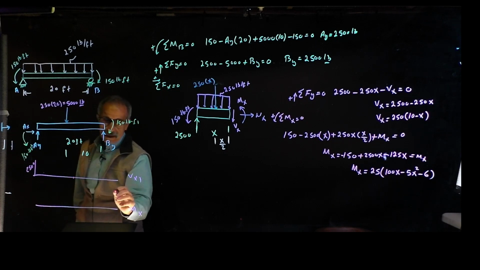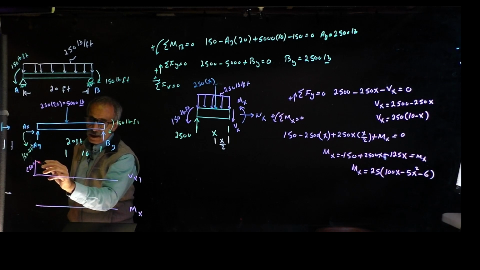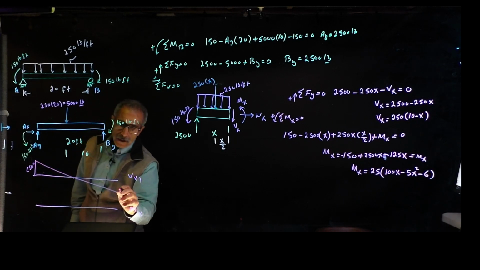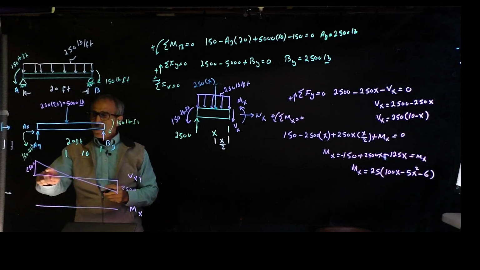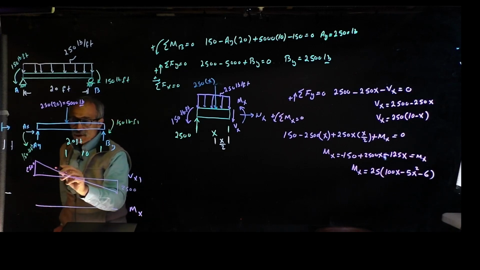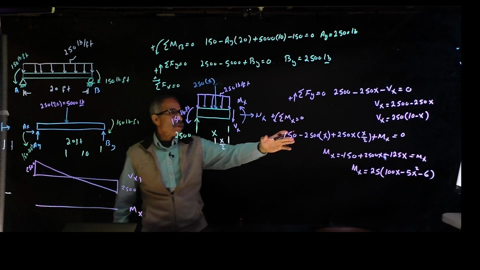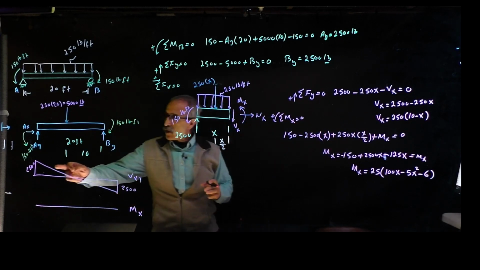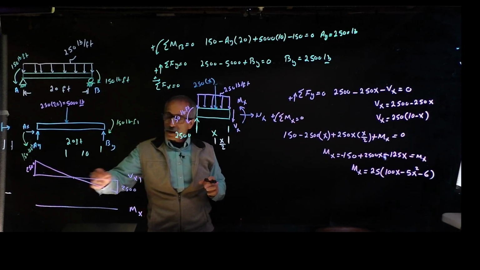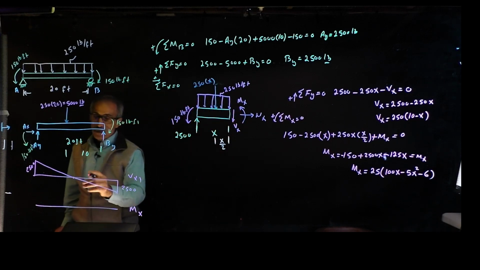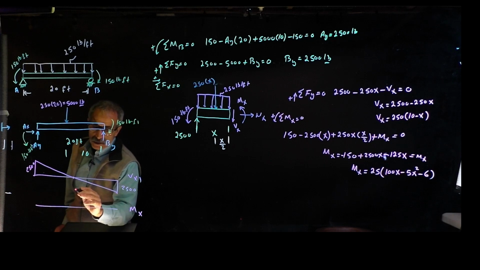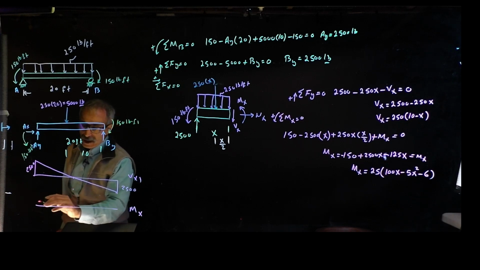It's going to come down like this, and it goes up 2,500. So this is 2,500, this is 2,500. To find out where this point is, all I have to do is use this equation. I can find out what my shear is at any point along the x-axis. And the moment is maximum where your shear is 0, which is right here.